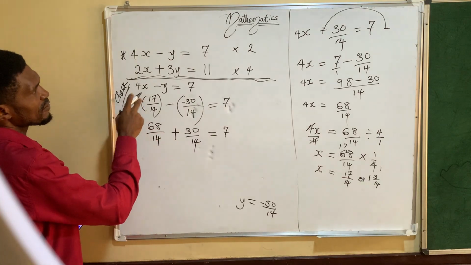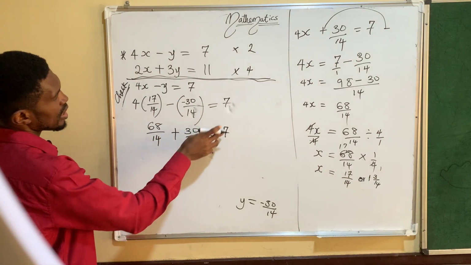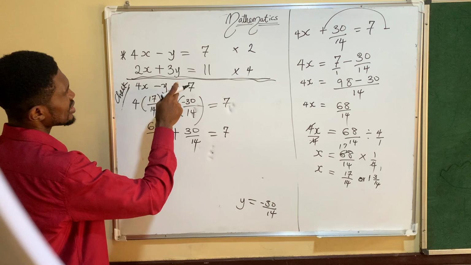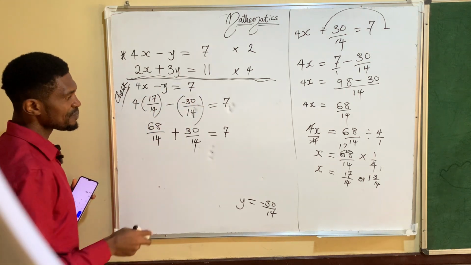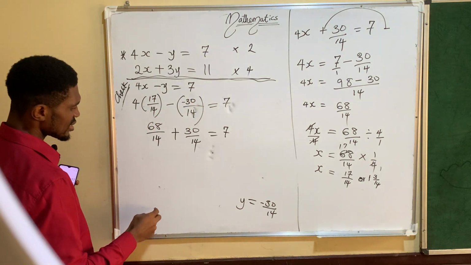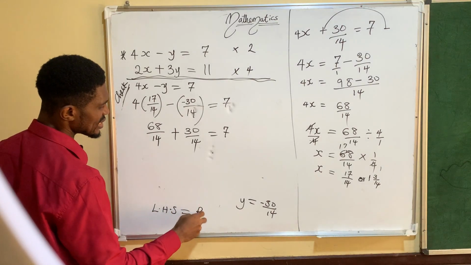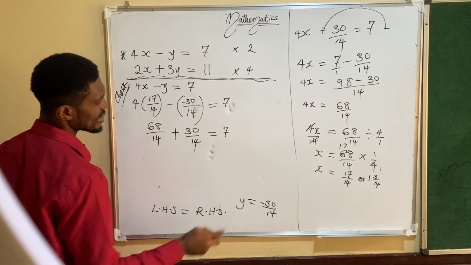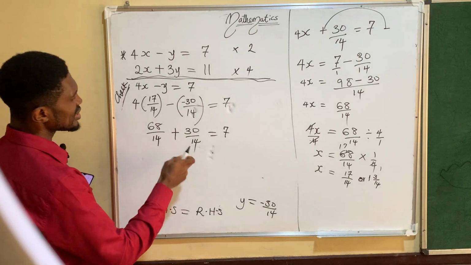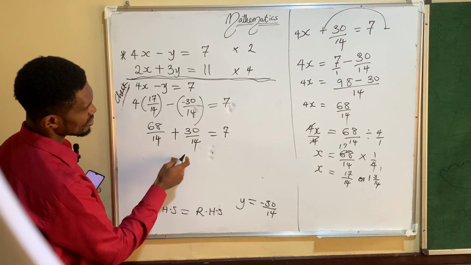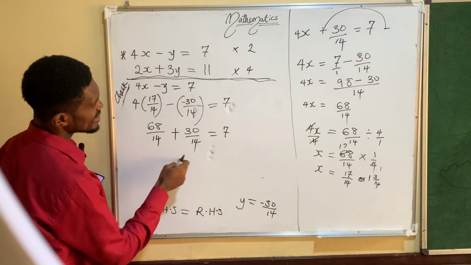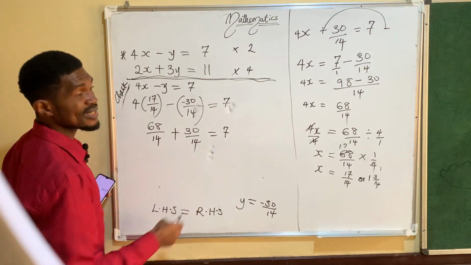We want to check if what we got as the answers is correct. And for us to be correct, what is at the left-hand side must be equal to what is at the right-hand side. So here we must get 7, because the right-hand side is 7.